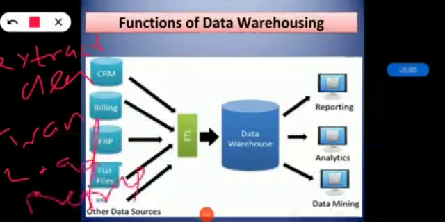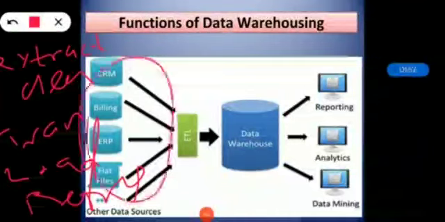Now, when we are talking about extraction, the data extraction takes data from the source systems. Data load takes the extracted data and loads it into the data warehouse. Before loading the data into data warehouse, the information extracted from external sources is always reconstructed.